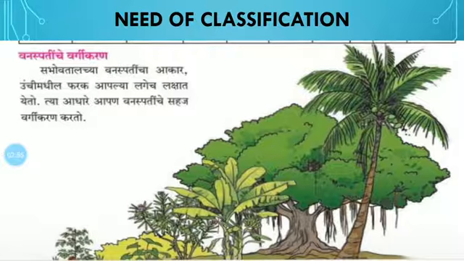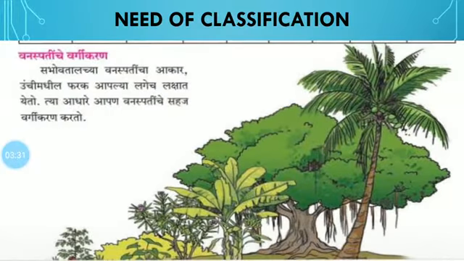Okay, so up to the last lecture we have seen different types of plants, and there is a lot of diversity in plants and animals. So there is a need to classify them for the sake of convenience on the basis of similarities or differences in their structure, their organs and their other characteristics.